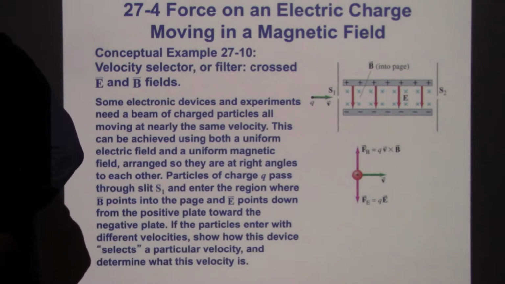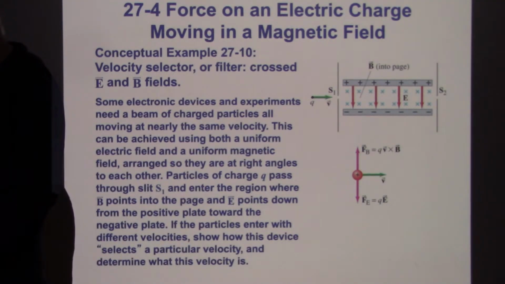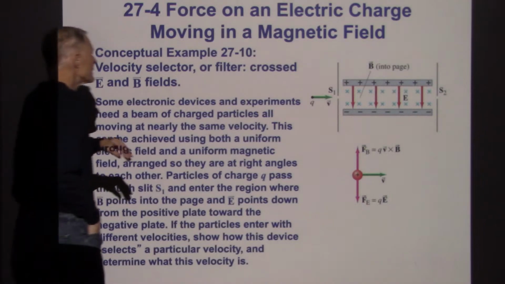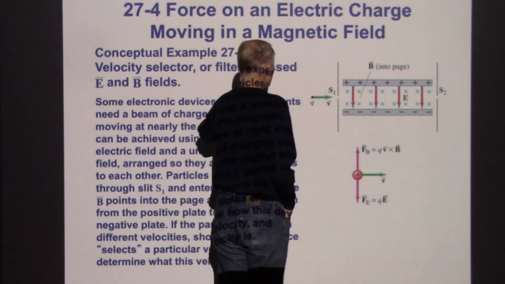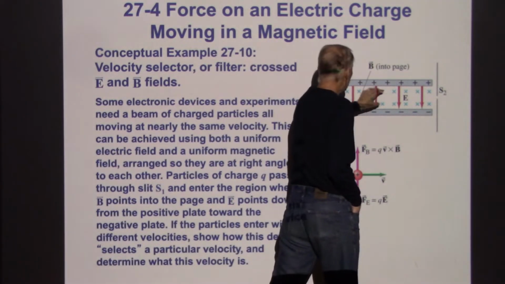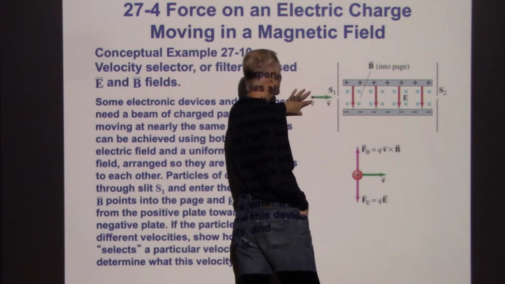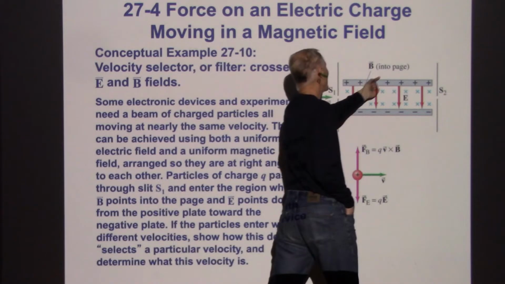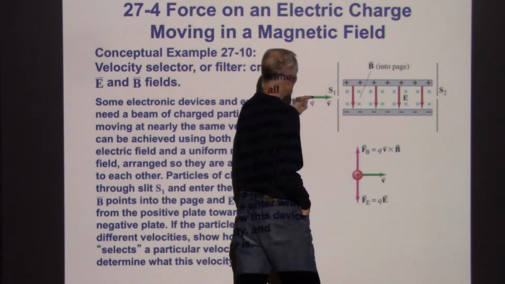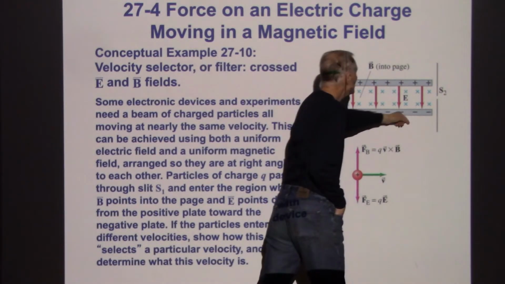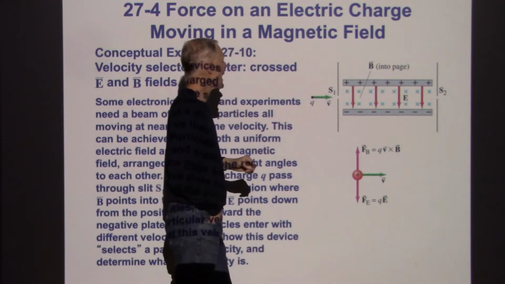All right, so we've got forces on charges. Let's see. So here's a charge coming through a magnetic field region. Now the magnetic field region, if this charge is positive, that's going to direct it curved up, and if it's negative, it's going to be directed curved down. How could we stop that from happening?